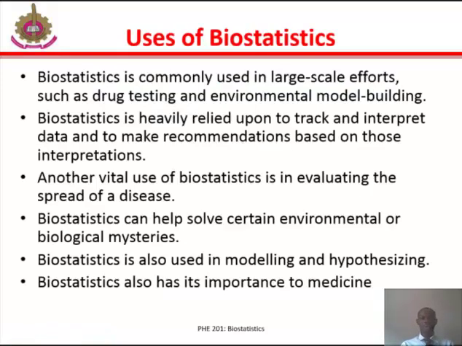What are the uses of biostatistics? Biostatistics is commonly used in large-scale efforts, such as drug testing and environmental model building. Biostatistics is heavily relied upon to track and interpret data and to make recommendations based on those interpretations.